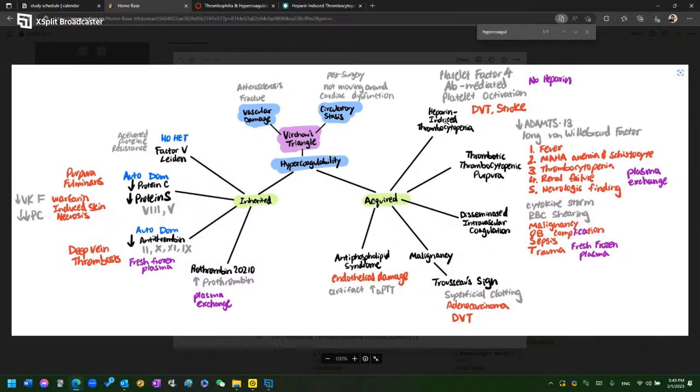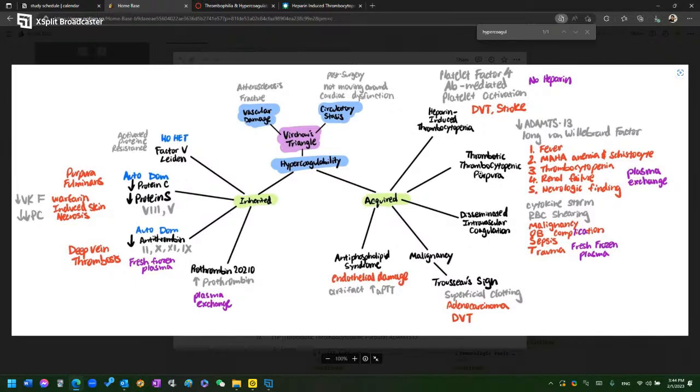In some ways, I want to say that heparin-induced and disseminated are a little bit similar, in the sense that they both involve antibodies and a sort of pro-inflammatory environment that causes clotting.